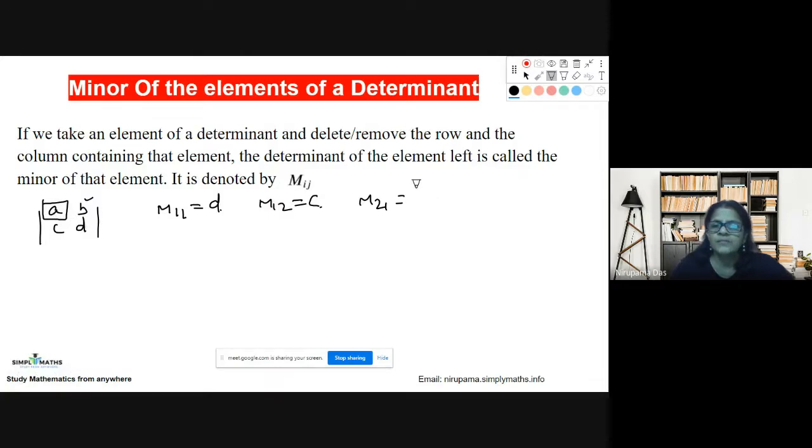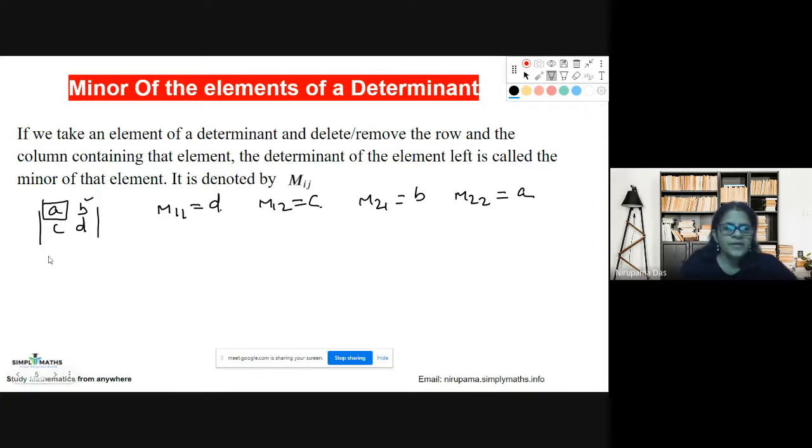So you are getting B here. And finally M22, minor of A22, second row, second column. Except second row, second column, you take the remaining element. Done.